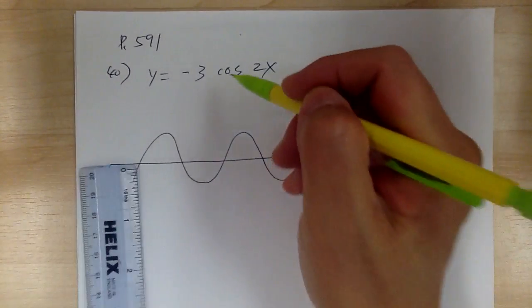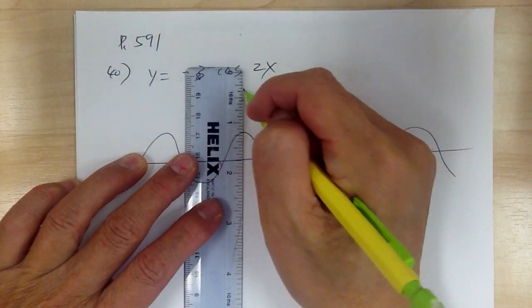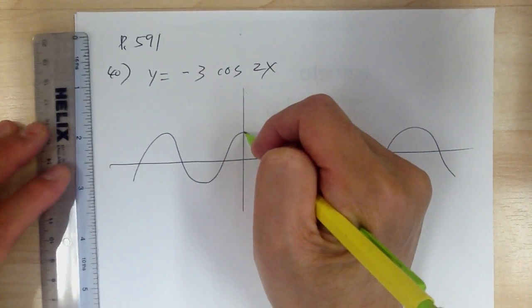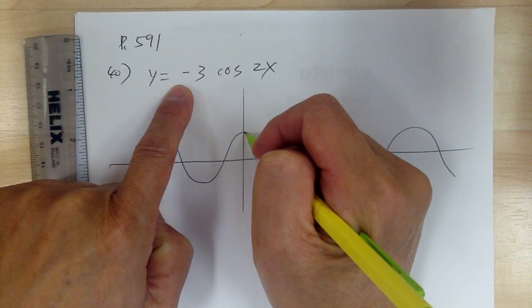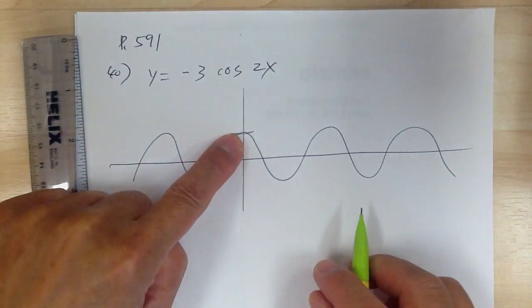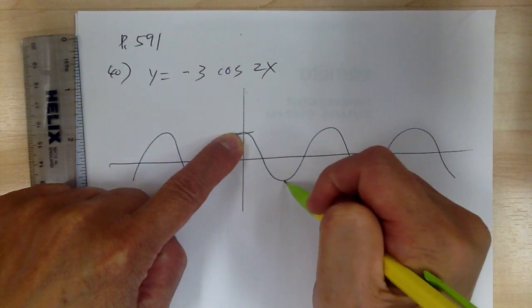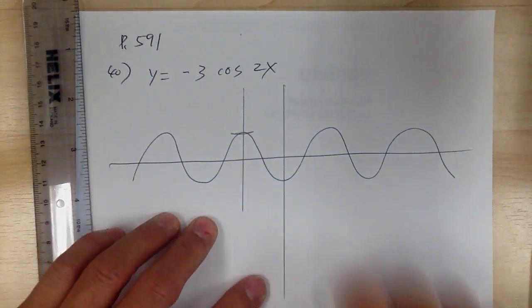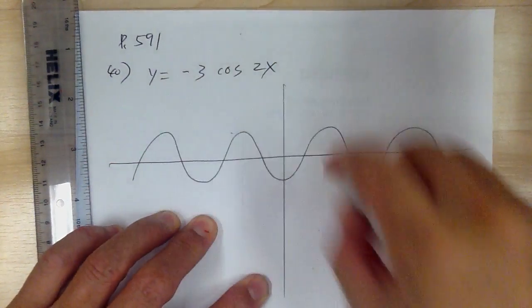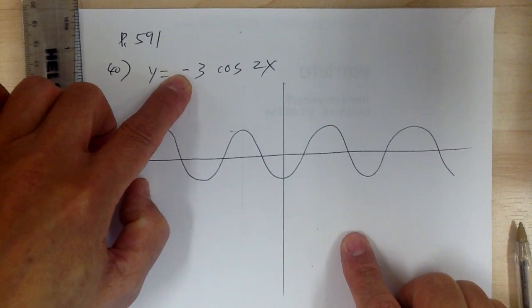Normally, because it's cosine, you're going to start over here, so it'd be on top. But negative means you have to flip everything upside down. So instead of starting on the top, your graph is going to start from the bottom. So you got to change that.